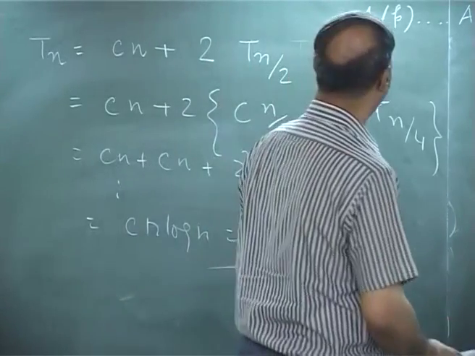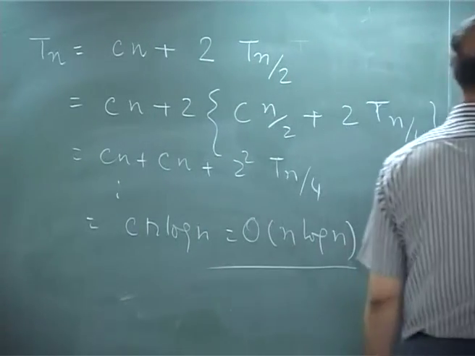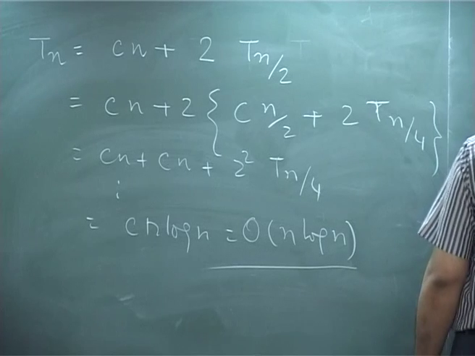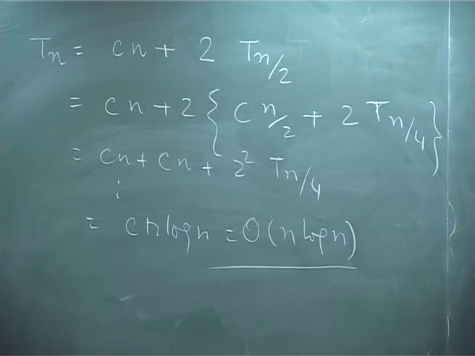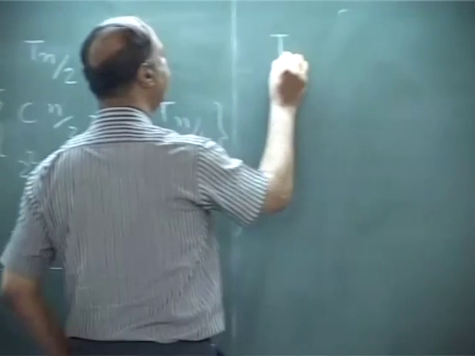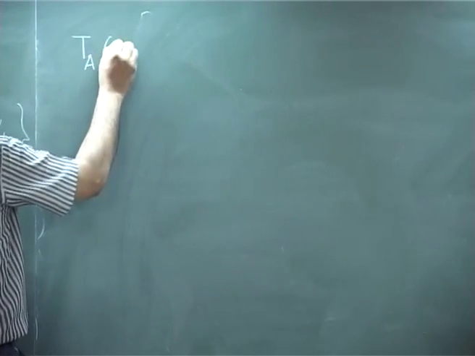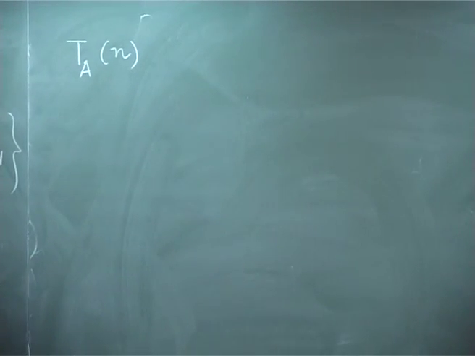Now let us try to find out the average time complexity or average number of comparisons you need in the quicksort. Let us assume that TA(n) is the average time complexity.